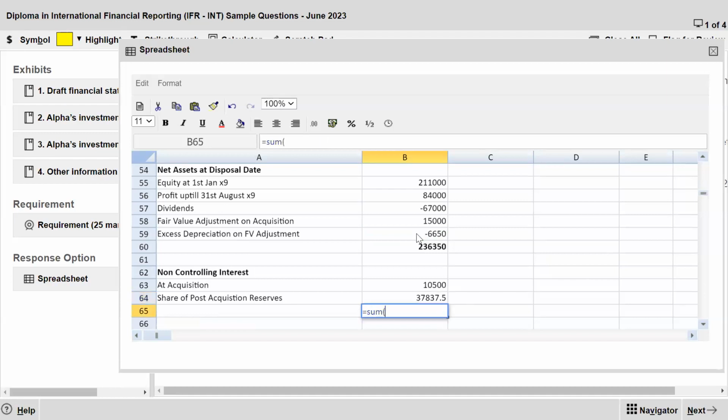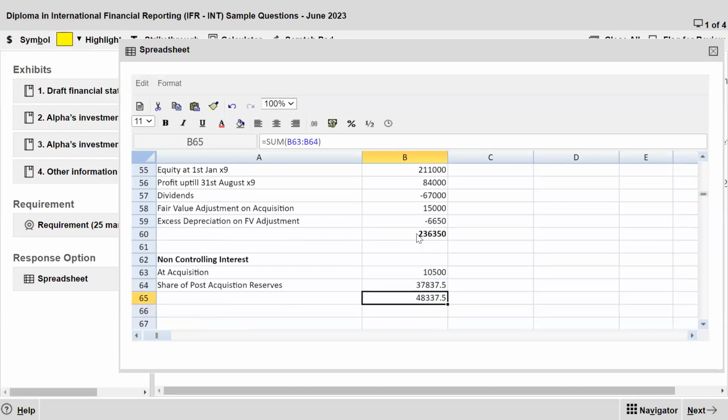So hence, resultingly, the non-controlling interest is going to be 48,337.5.